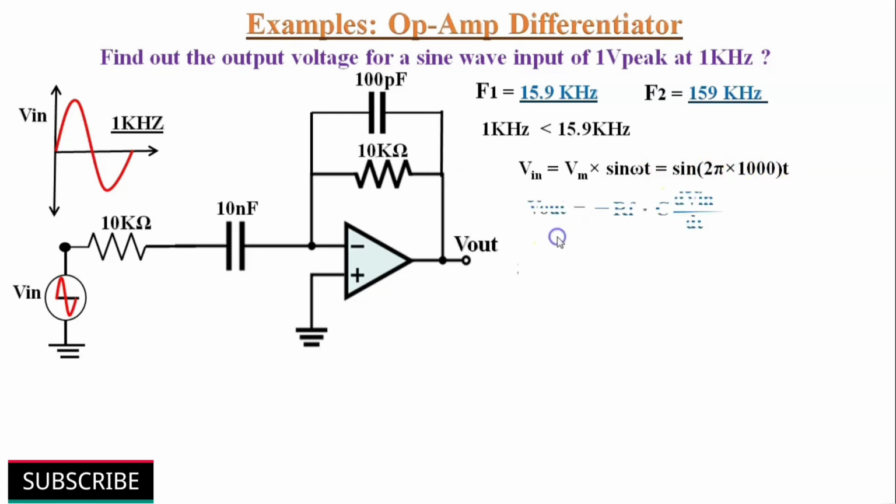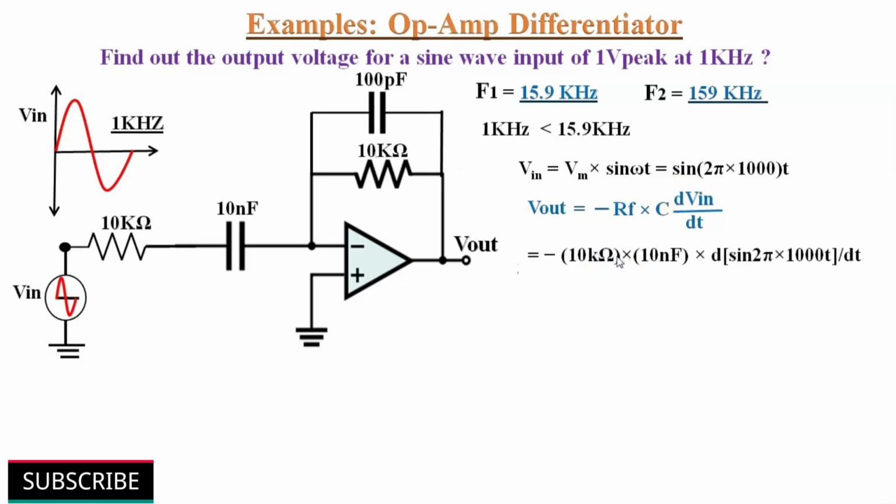Our formula: Vout equals minus Rf multiplied by C dVin divided by dt. Let's insert the values. If we simplify this equation, then our output voltage is 0.6286 multiplied by cos 2 pi 1000 t. So if you apply a sine wave input to the differentiator circuit, the output will be a minus cosine wave.